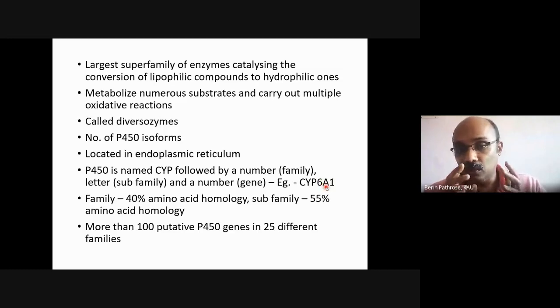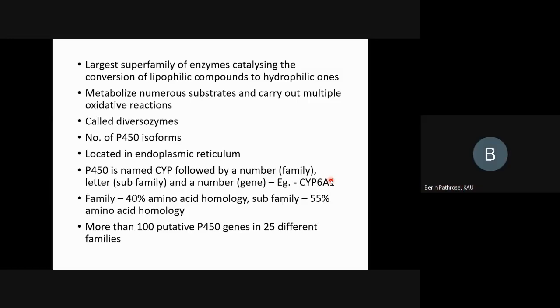A denotes the subfamily, and enzymes within that subfamily share 66% amino acid similarity. And the last one is the gene, which will differ. So we have 100 different genes in 25 different families.